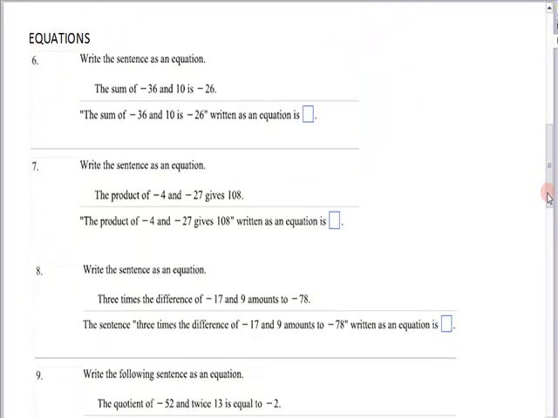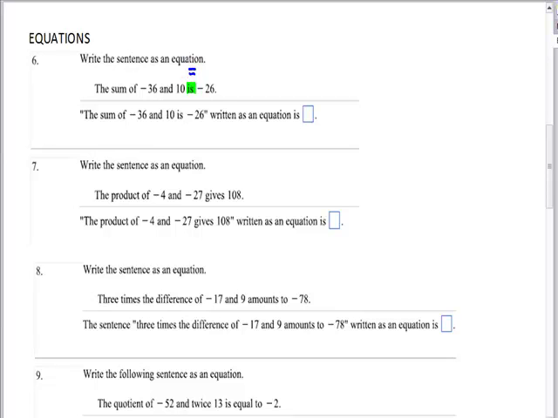Now we're going to translate equations. Remember that the verb is where the equal sign will go. So I will highlight the verb. The sum of -36 and 10 is -26. So when I get to is, that's where I'm going to put an equal sign.